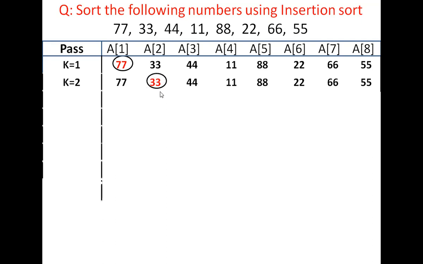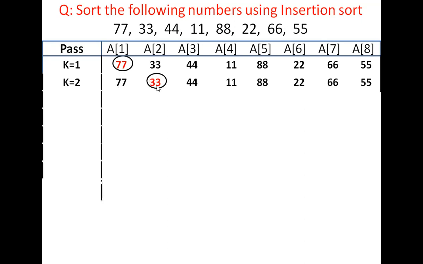So k is equal to 2, A of 2 is the element to be sorted, so 33 is the number to be sorted. Circle it, so that you will come to know this is the element to be inserted into its proper position in the previous subarray. Now, what is the previous subarray? To the left of 33, there is only one element.